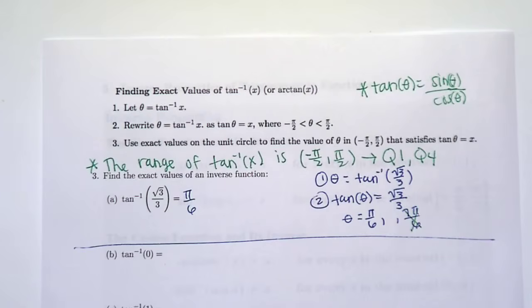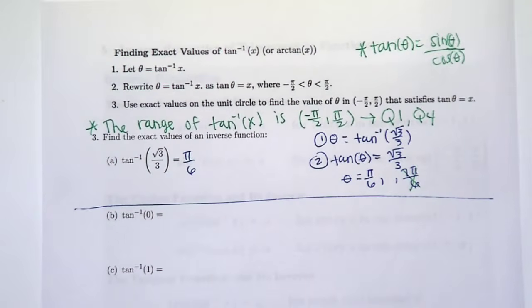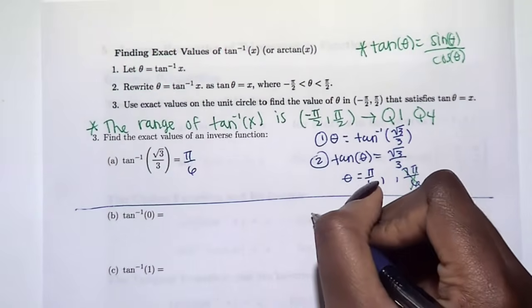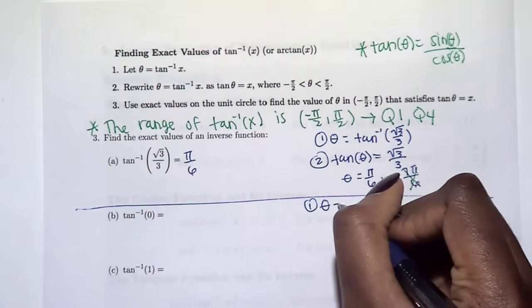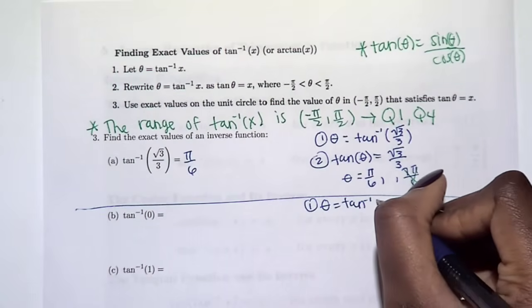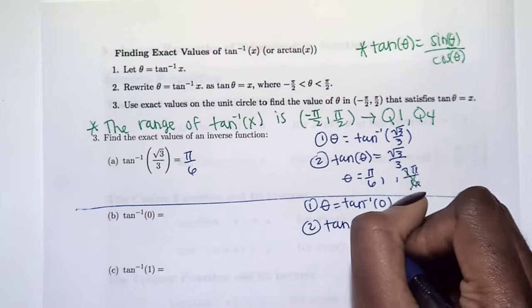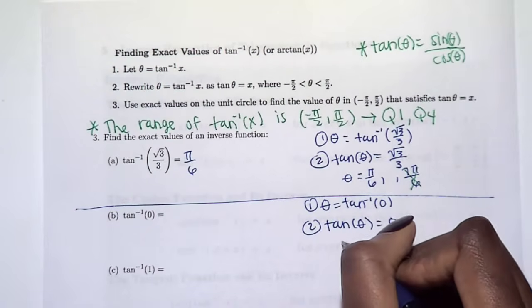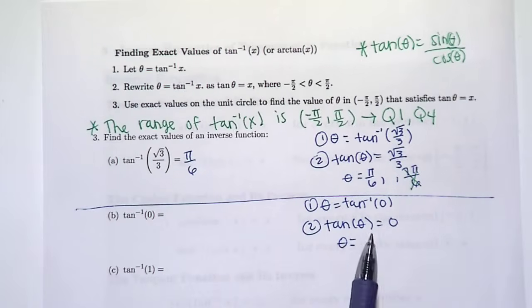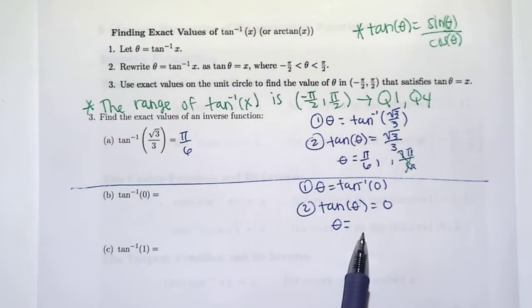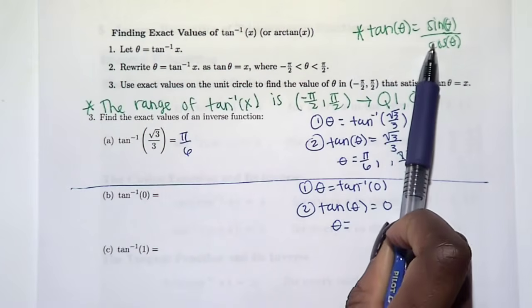Okay. All right, let's look at the next one. Tangent inverse of 0. Okay, so remember, we're looking for the angle theta, and theta is given by tangent inverse of 0. So that means that tangent of theta equals 0. So we're trying to find the places where tangent of theta equals 0. So remember, tangent is sine over cosine.